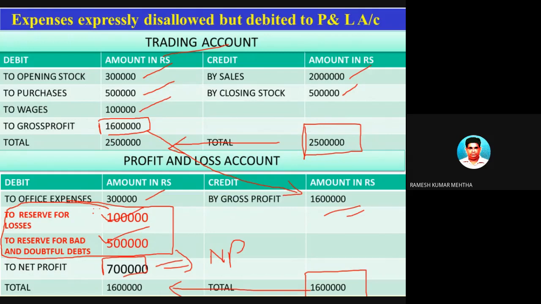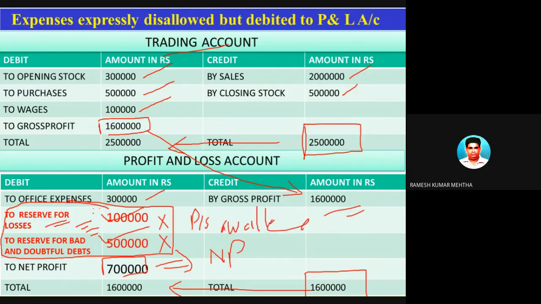Number two, these are just reserves. They are not really expenditure which has taken place. So they should not be debited to profit and loss account, and in this case they are debited: one is the reserve for losses, and the second is reserve for bad and doubtful debts. So these two expenses are disallowed.